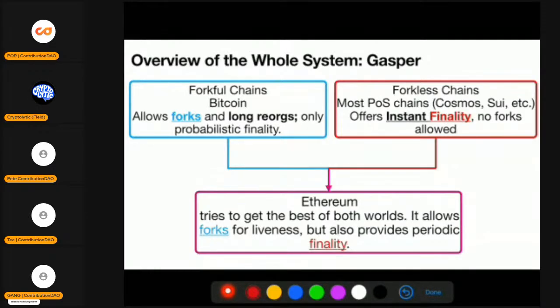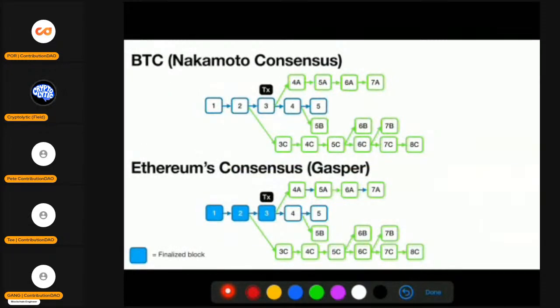So it is like a combination of a forkful chain that allows forks and also a chain that allows for instant finality. Okay. Now, if you compare them, you can view the Ethereum consensus protocol as similar to the Nakamoto consensus protocol in Bitcoin, just as a rough idea.